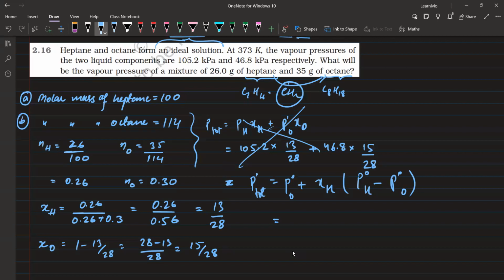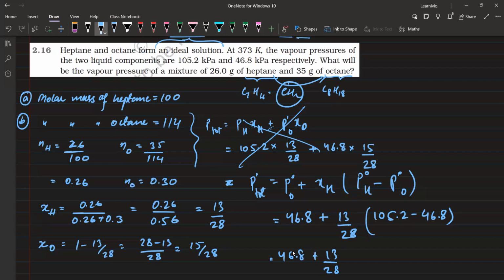P naught of octane, the vapor pressure of octane, is 46.8, plus heptane mole fraction 13 upon 28 multiplied by P naught of heptane 105.2 minus 46.8. So it's 58.4.